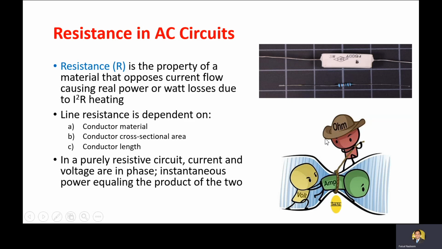This line resistance is dependent upon the material of the conductor, the cross-sectional area and the length of the conductor. In a purely resistive circuit, current and voltage are in phase. Therefore, the instantaneous power equals the product of the two.